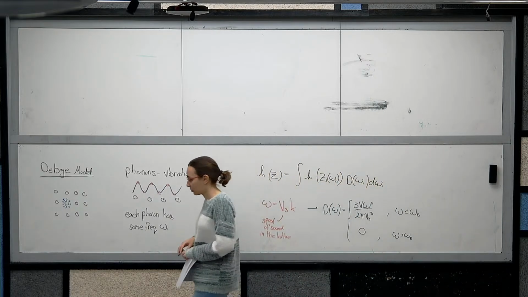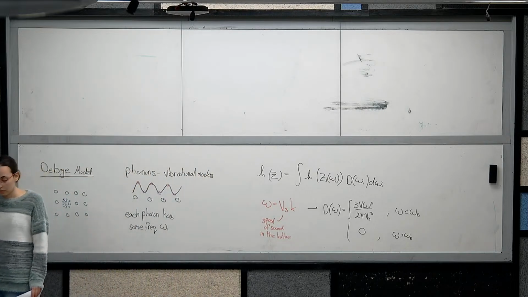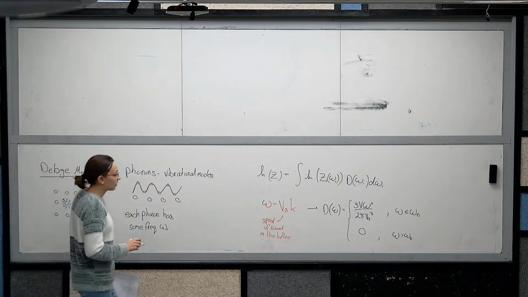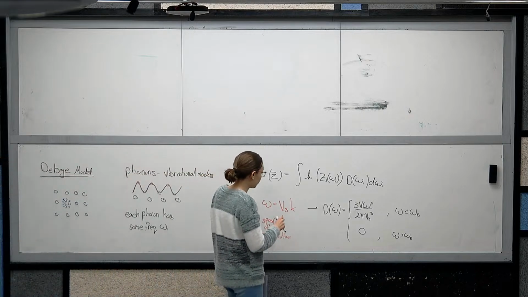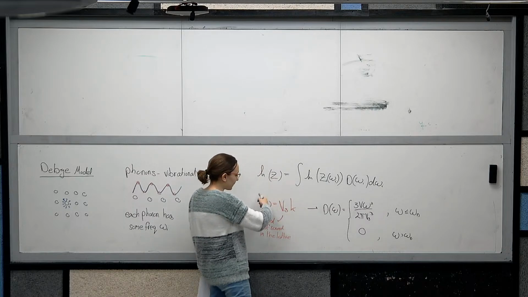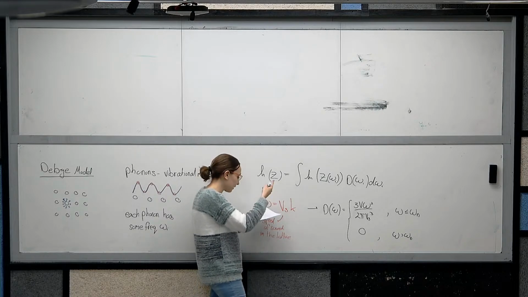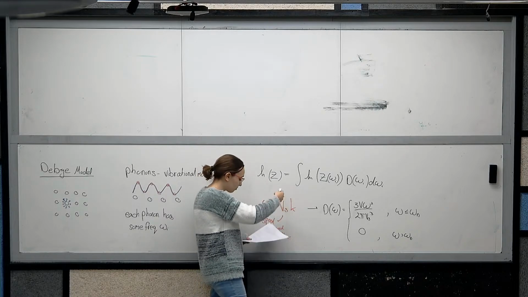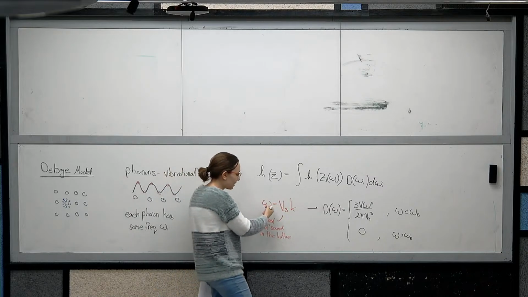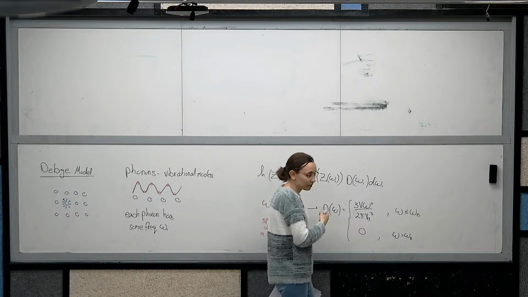Why can omega change? You say omega equals Vs k, and Vs and k are constant. Why can it change? Okay, so this is the assumption of the Debye model, of some dispersion relation between the frequency and the wave number.